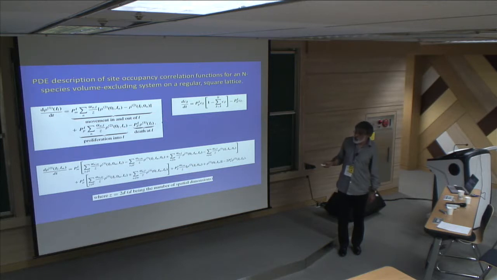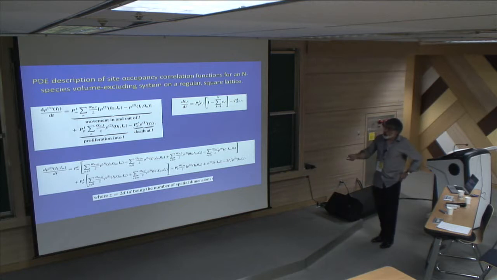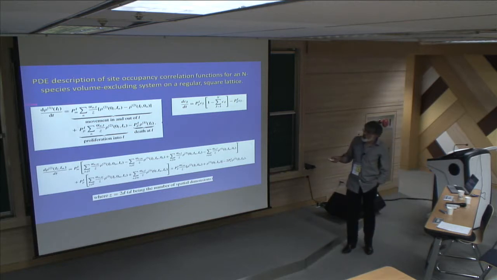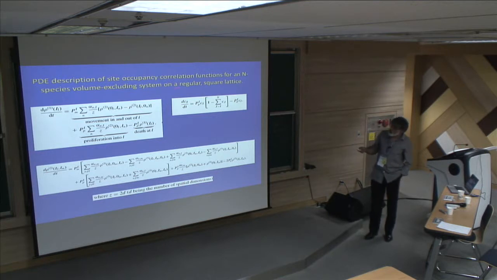So this would be movement, and then there could be proliferation, and then there could be death. Now, if you make the mean field assumption, you end up getting this equation here, which is the equation we all love to use. That's the Lotka-Volterra equation, with competition and death.